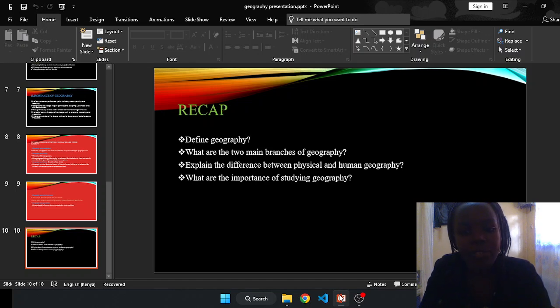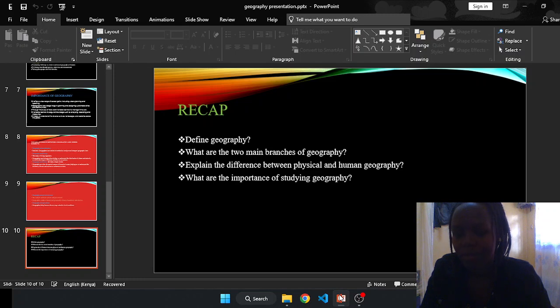Explain the differences between physical and human geography. How can you explain that? The difference is that physical geography focuses mainly on the natural processes and features like the landforms and the climate, while human geography mainly focuses on human activities and their impact on the environment.